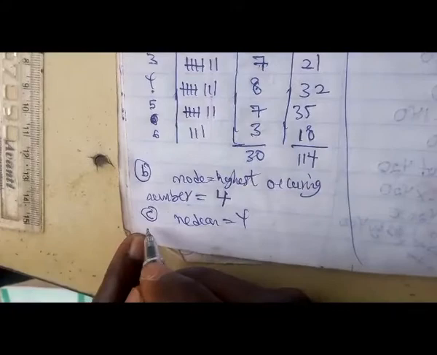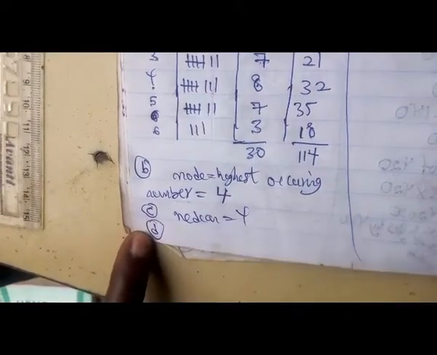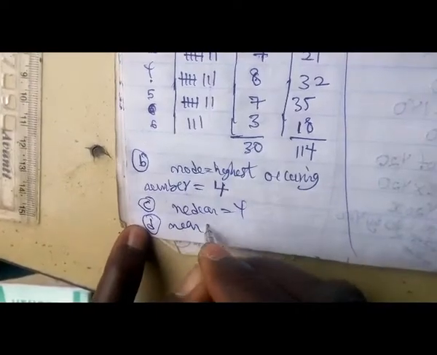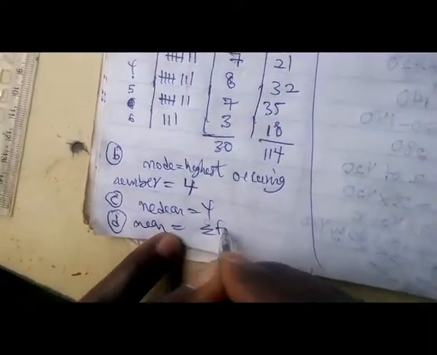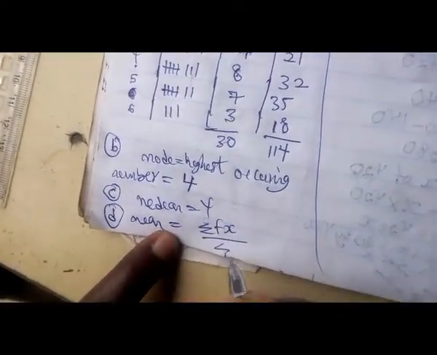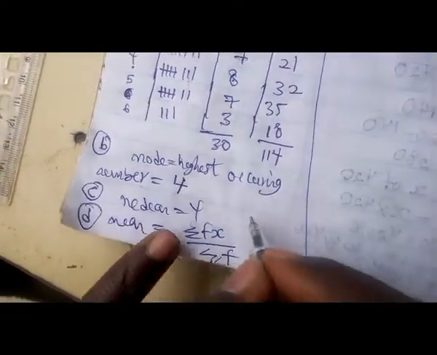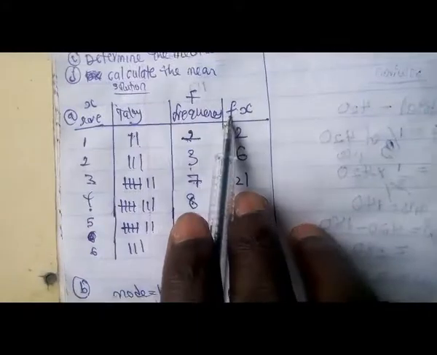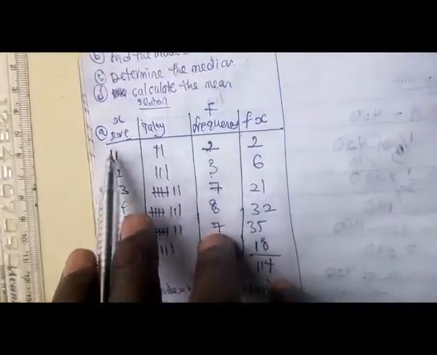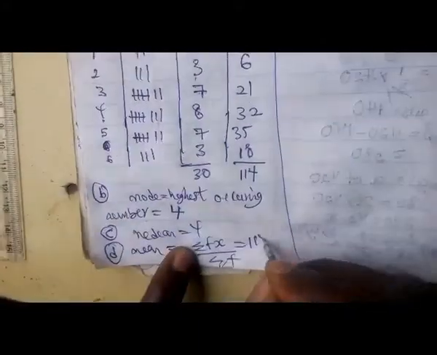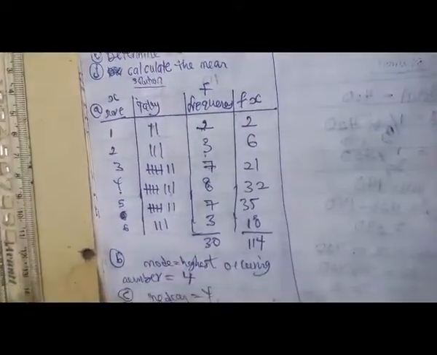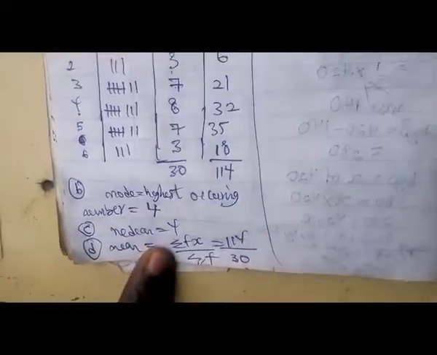The question says calculate the mean, and the formula for mean is summation of f of x over summation of f. Summation of frequency times the score gives us 114, over the summation of the frequency, which together gave me 30.